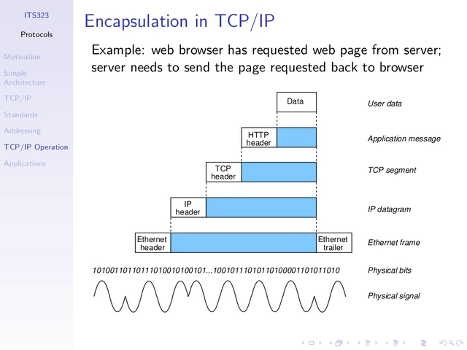So we will return to this diagram towards the end. That was just the web page going from server to browser. Then you get the web page displayed on your browser, then you click on another link, and the same procedure has to happen to send the request to the server again, and the same procedure for the server to send the web page back to the web browser, and so on.